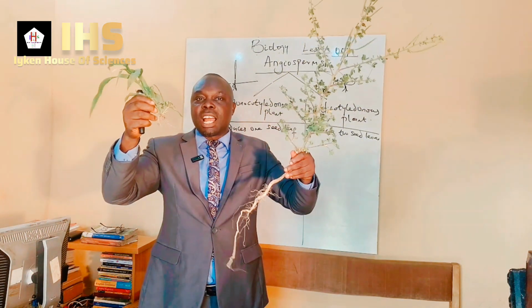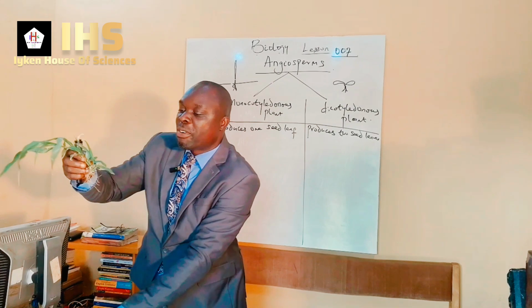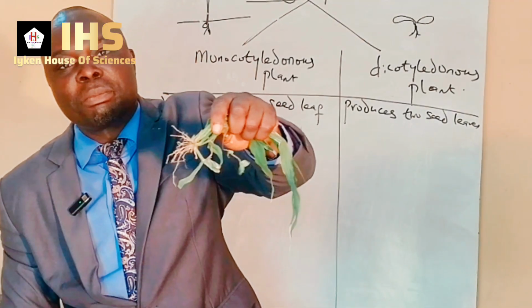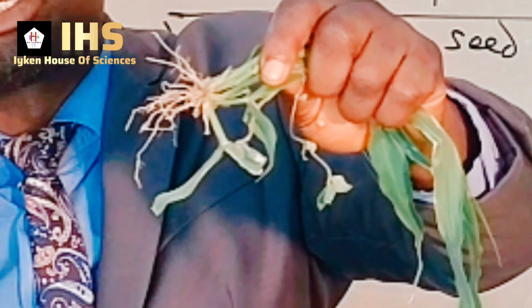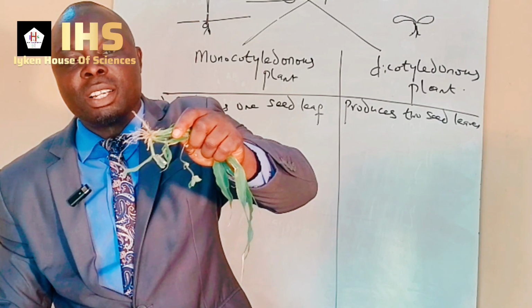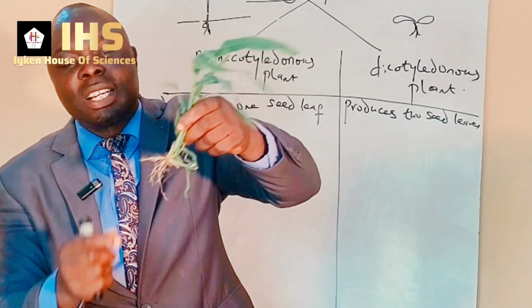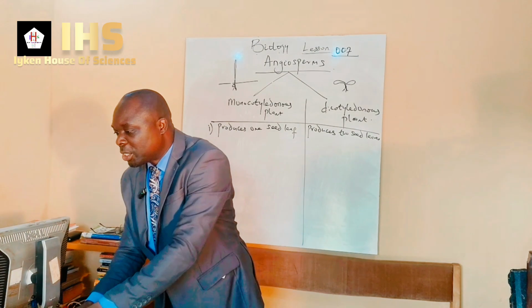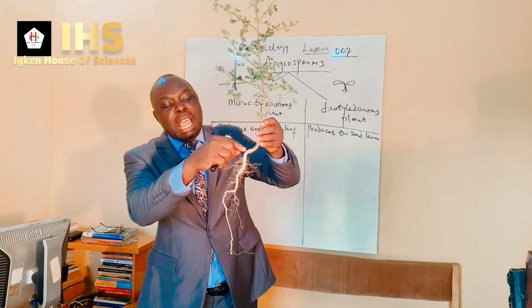Number two is about their roots. The monocot has what we call fibrous root system. The roots are the same. There is no biggest one among them. The root of the monocot is described as fibrous. But the dicot has a tap root.